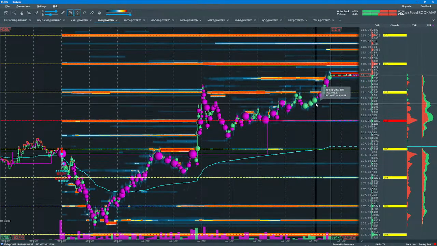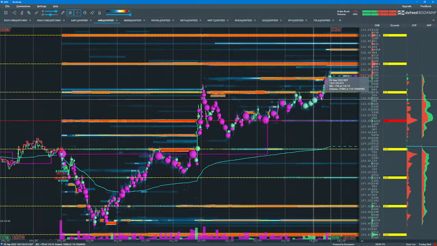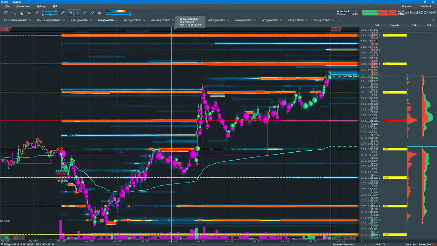So for AMD, that was a little bit late, but still, if you took a long right around 215, you'd be up 50 cents. All right, so Google.